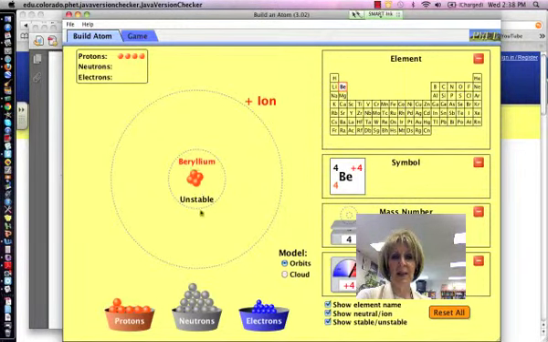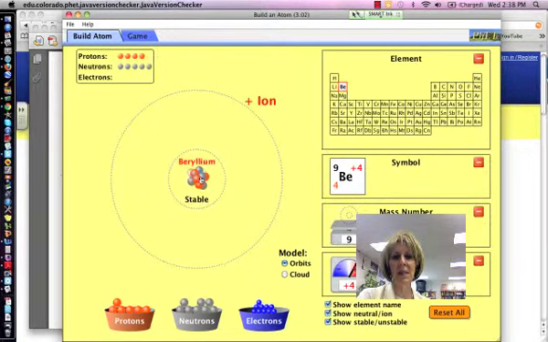So in order to make this nucleus stable, I need to add some neutrons. A neutron weighs 1 AMU. Notice when I'm adding neutrons that I am also increasing the mass number. The mass number is the number up here in the upper left, the number of protons plus neutrons.